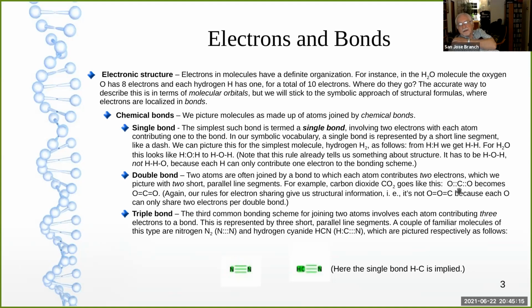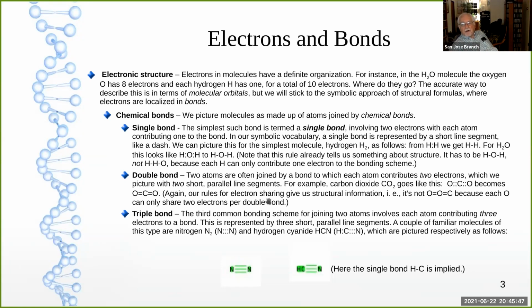Carbon has, as it turns out, four electrons that it can share, but it can share a pair of electrons with an oxygen. So you get this O double bond C. Carbon has another pair of electrons that it can share, and the other oxygen has two electrons that it can share. So now you've got two double bonds in the carbon dioxide molecule, and you write it like that.